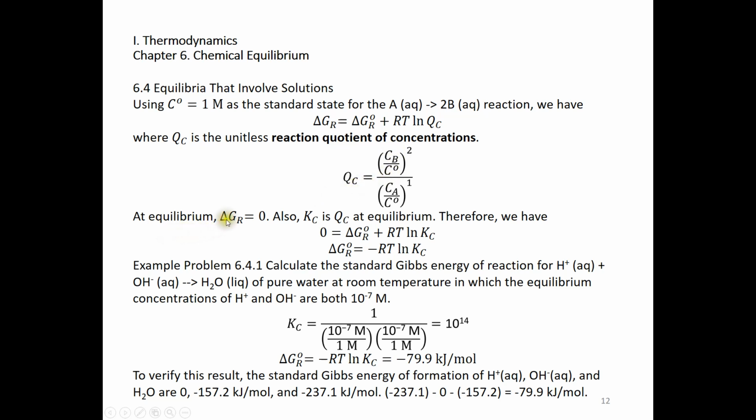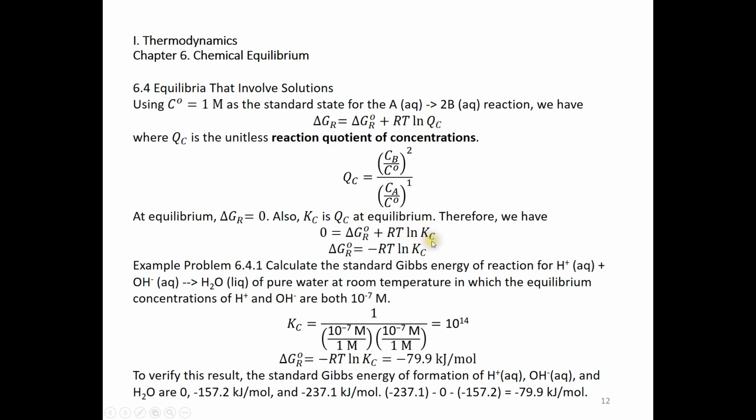At equilibrium, delta G of R is 0. The Gibbs energy on the left hand side equals the Gibbs energy on the right hand side. And in this case, K sub C is equal to Q sub C at equilibrium. And therefore we have 0. This becomes 0. And we copy this here, the standard Gibbs energy of reaction plus RT times the natural logarithm.